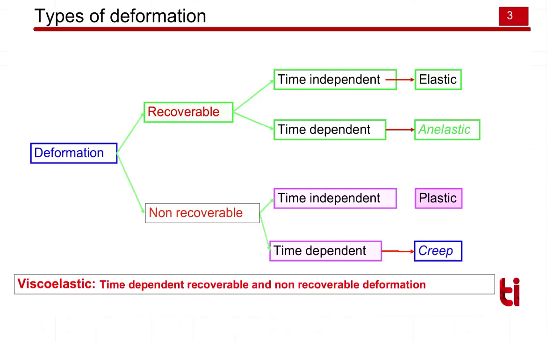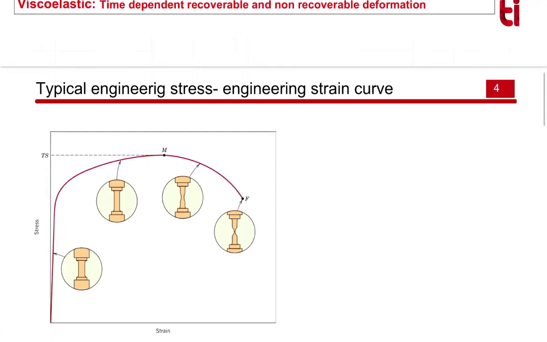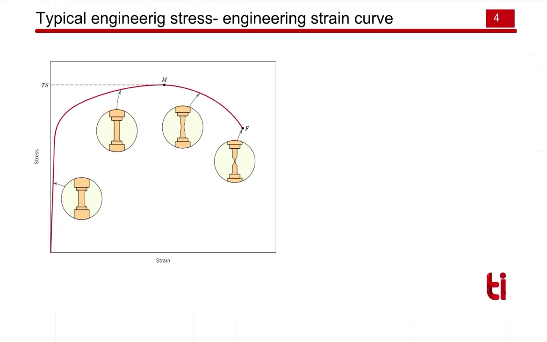Now to understand the deformation, let's consider the typical engineering stress strain curve of a metallic material. If you have a ceramic material, then it will be like this. Here is again strain, here is stress, and here is the fracture. This is a metal.